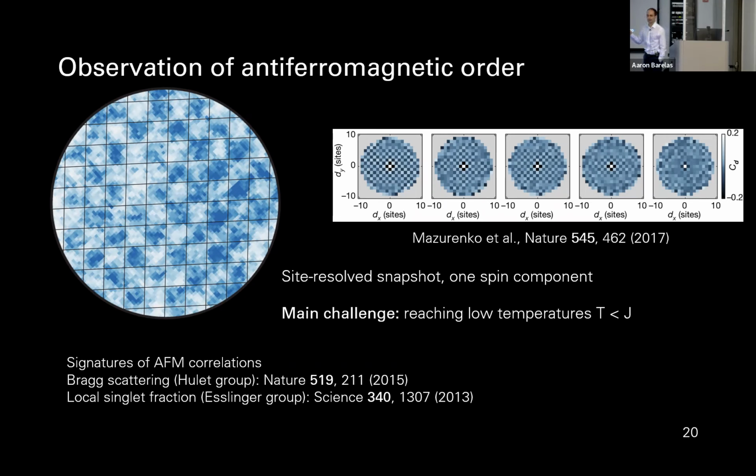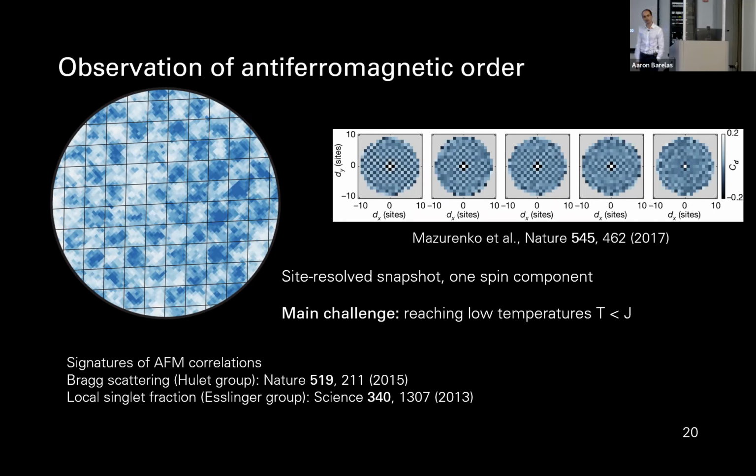We see order which is long enough to cover our entire system and have a spin correlation length which is greater, say, than 10 sites. So it's not true long-range order, but it's order that's large enough, in our finite size system, to see a full checkerboard pattern in terms of antiferromagnetic correlations.